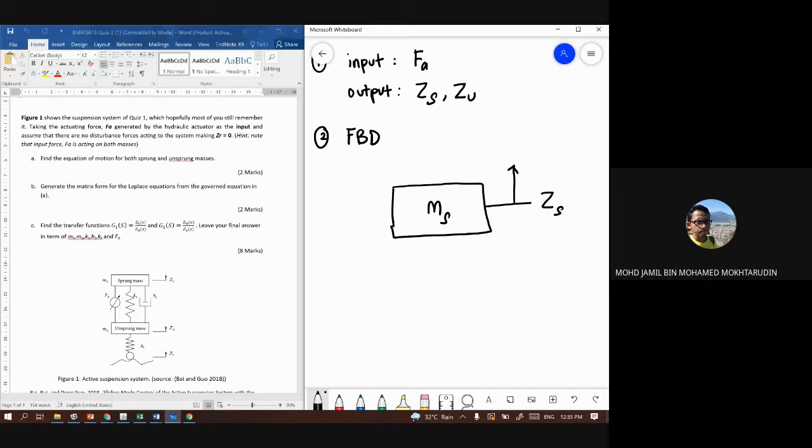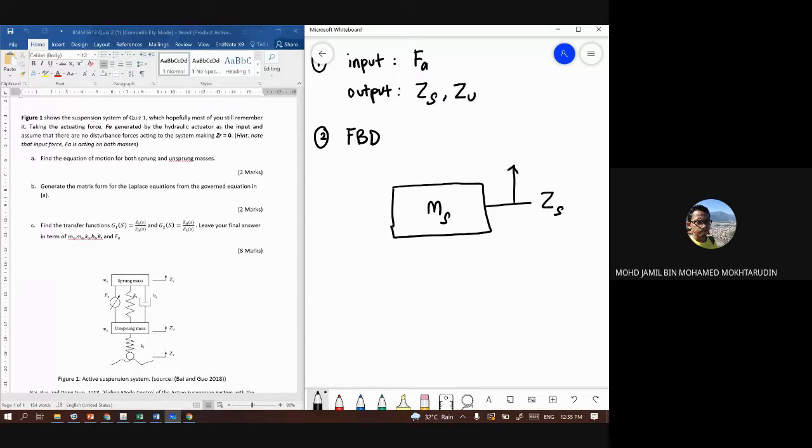Okay, so on the sprung mass, the motion is assumed upward as positive. So any forces by the spring or damper will be acting downwards.